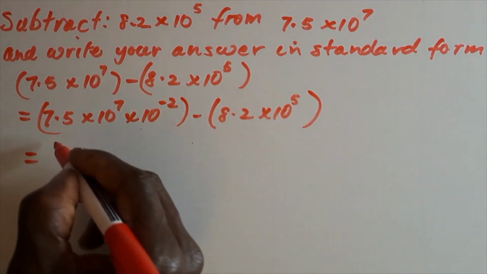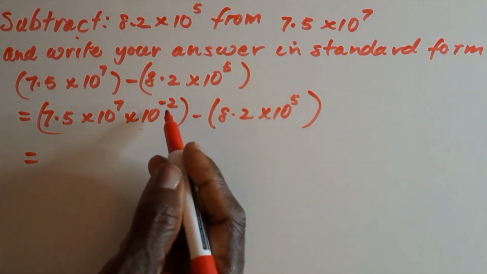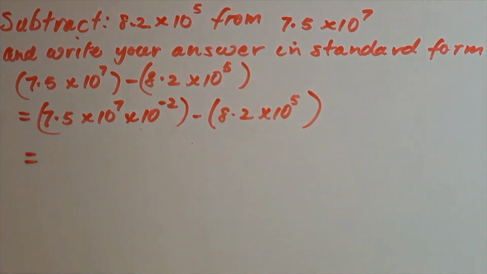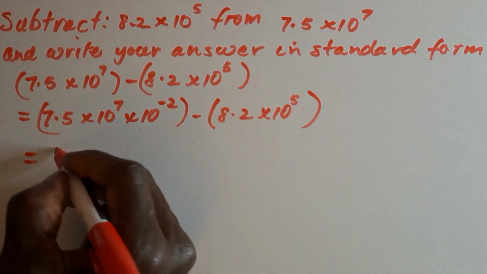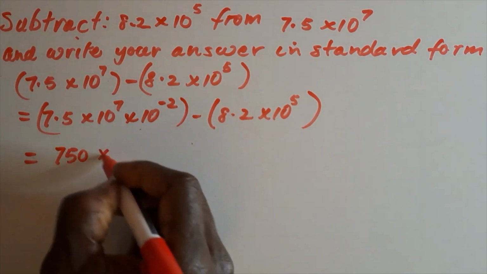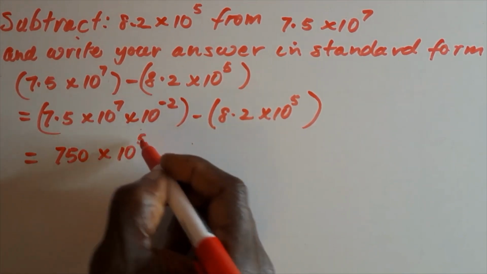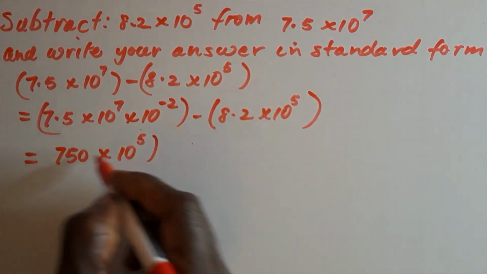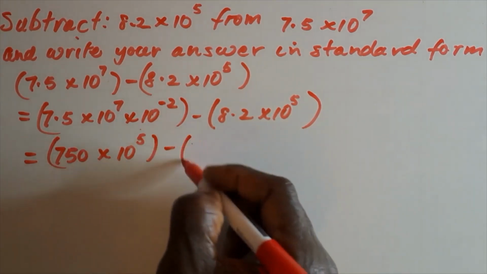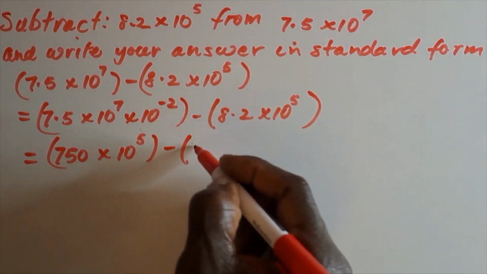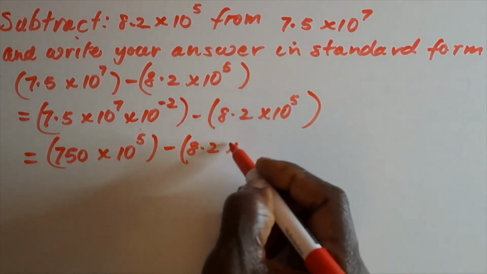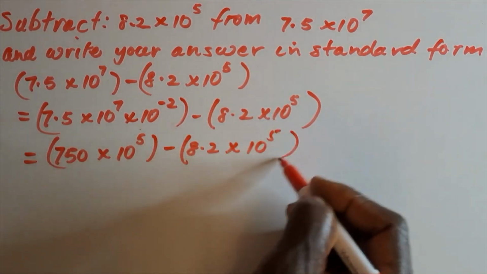Now, when we multiply by 10 to the minus 2, we arrive at 750 times 10 to the 5th. And this is what we're subtracting 8.2 times 10 to the 5th from.